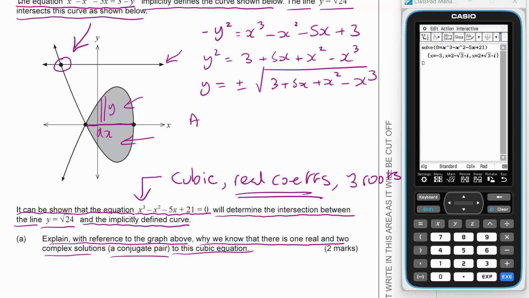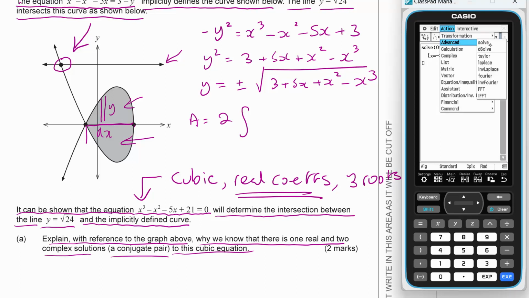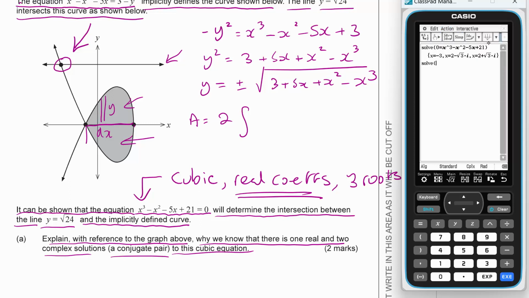So what we can do for the area is we can do twice the integral from, now we need these points of intersection. Now we know on the x-axis y is 0, so what we can do is solve, substituting y equals 0 into the original equation.